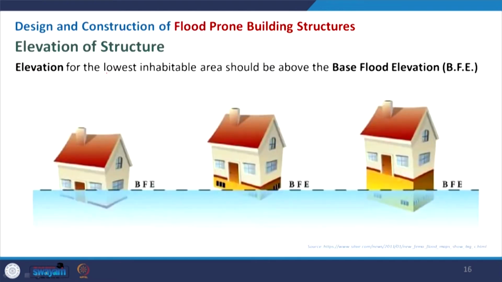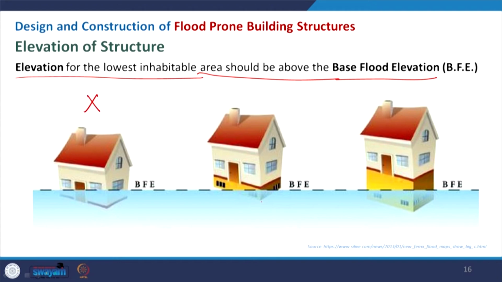Coming to the elevation of the structure in this slide, elevation for the lowest inhabitable area should be above the base flood elevation. So this is very important. In this case, if you see that this is the base flood elevation level, you can easily see in the case of the first one, your building is submerged, so this is not advisable.